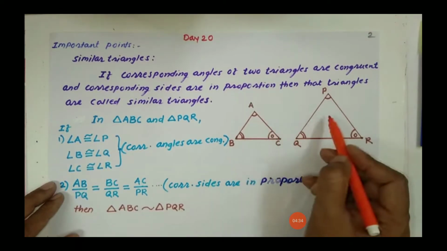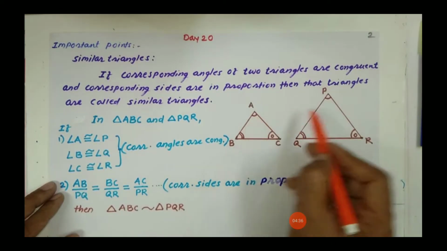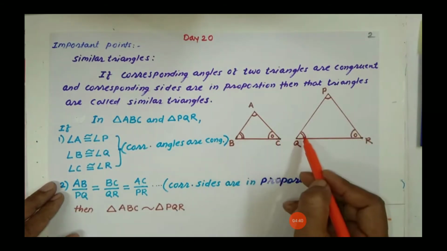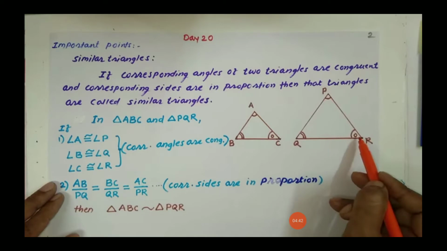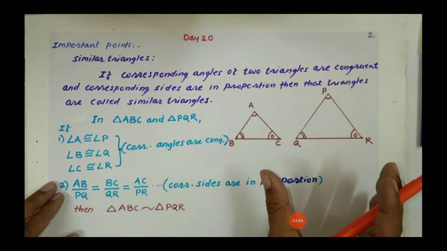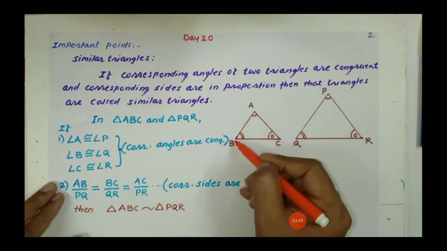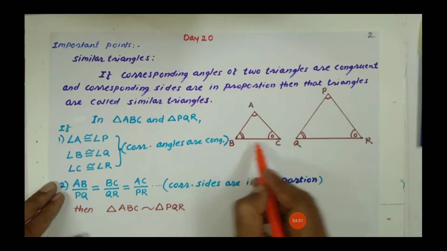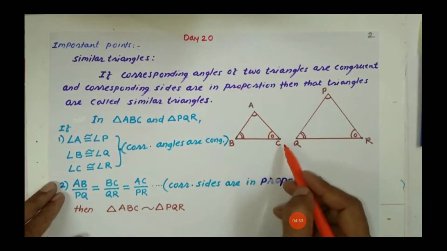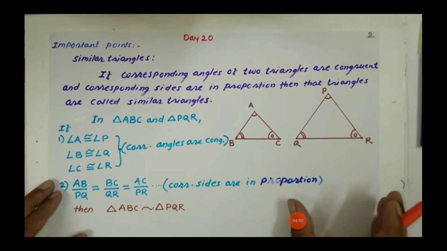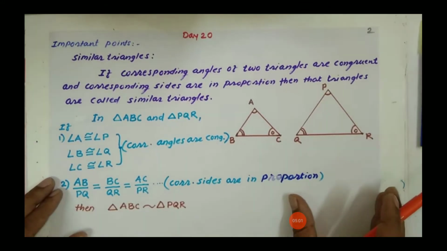If these are the two triangles and the corresponding angles, see angle A, angle P, angle B, angle Q, angle C, angle R, are congruent and the sides are in proportion. Which corresponding sides? AB, PQ, BC, QR and side AC to side PR. So these sides are in equal proportion, then these two triangles are called similar triangles.